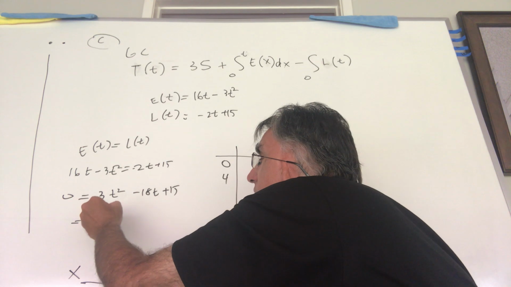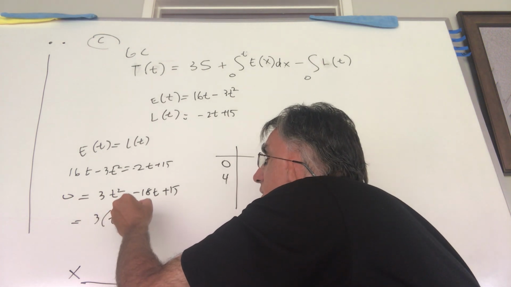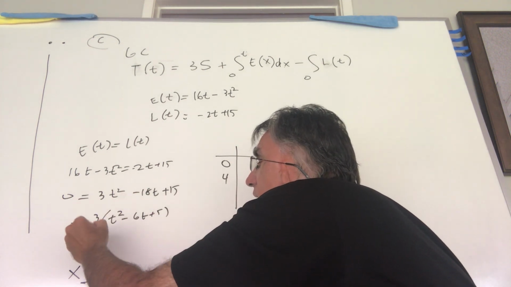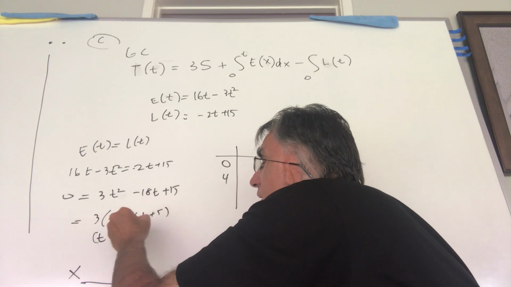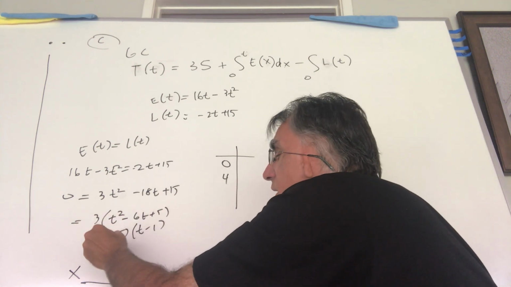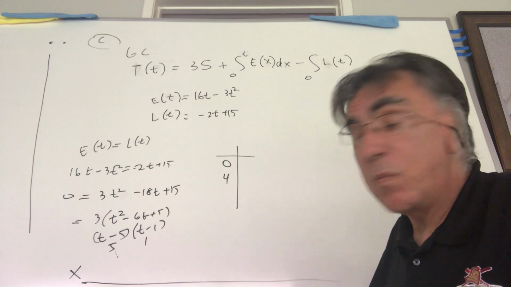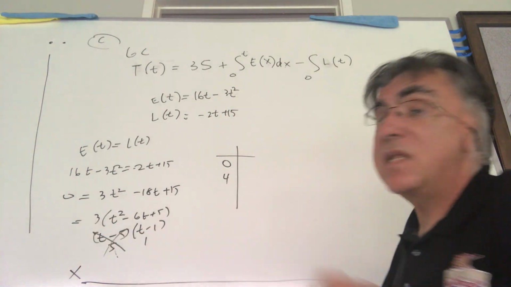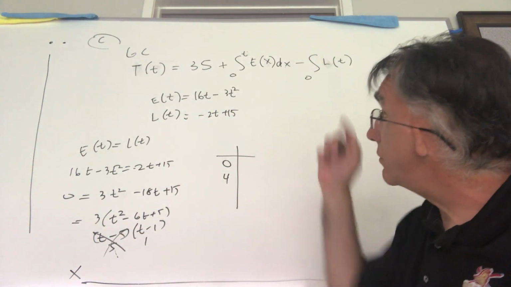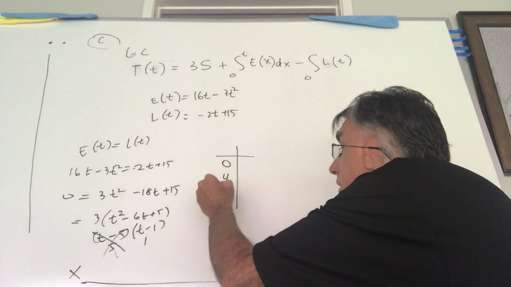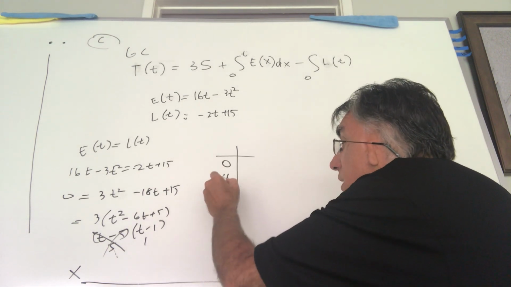Factor out the 3. t squared minus 6t plus 5. (t minus 5)(t minus 1). So I get critical numbers at 5 and 1. Now 5 doesn't count because it's not on the interval. Thank God, because it'd be kind of a pain to do the integral at 5. So 5 doesn't count, but the 1 does.